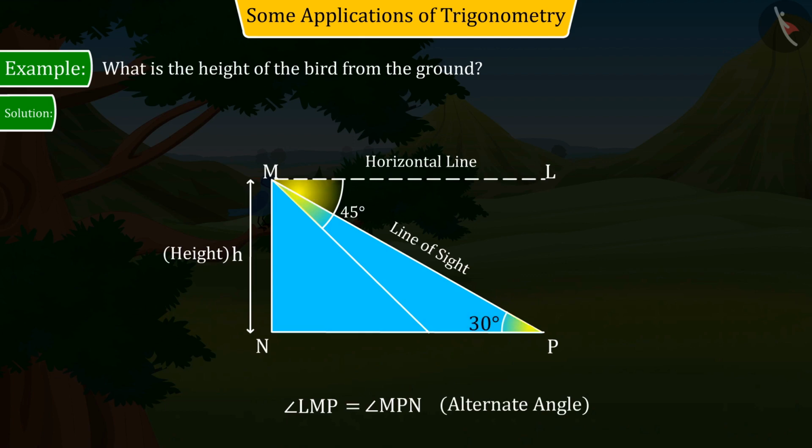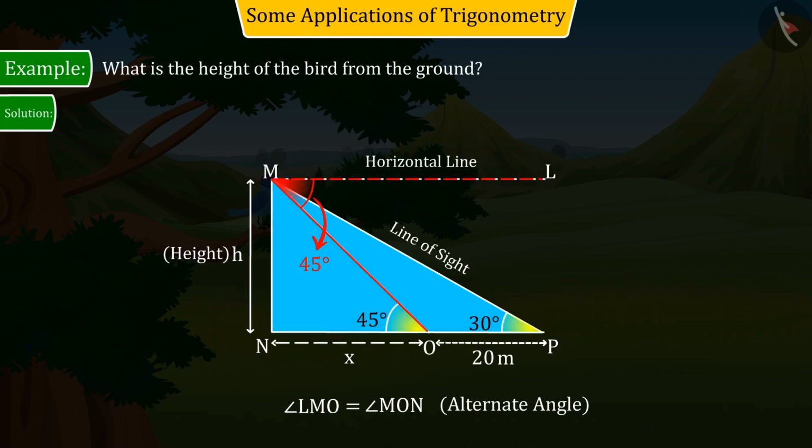And in the second case, when the rat travels 20 meters towards the tree, the angle of depression becomes 45 degrees, assuming the distance from point O to N is x meters, where the angle of depression formed by the line of sight and horizontal line is 45 degrees. Therefore, in both the above situations, the following figure is obtained.